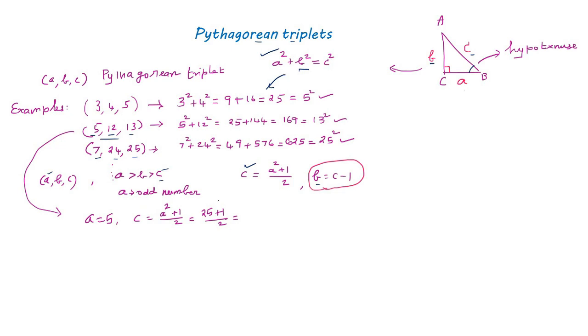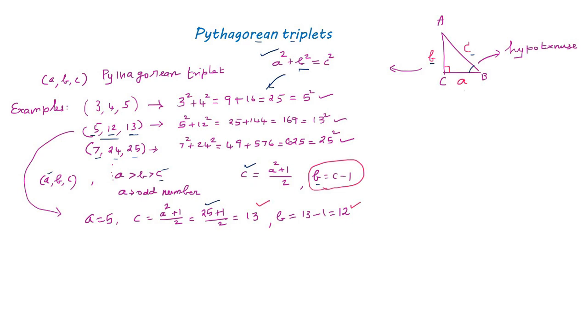So a squared will be 25 plus 1 by 2, 26 by 2, 13. So we see here there is 13. Then how to find b? Simply c minus 1, which is 12. So we have got 5, 12, 13 by this method.